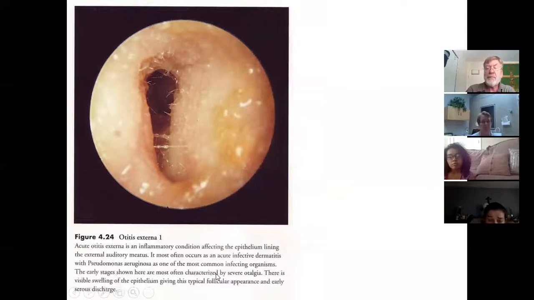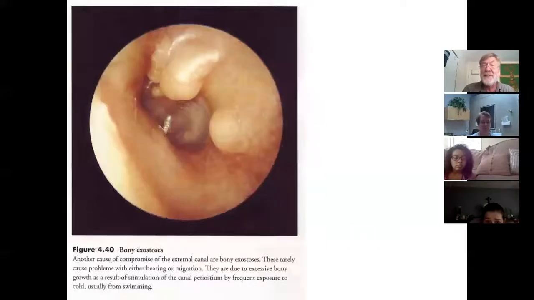It results in severe otalgia. You now know what that word means. Ear pain. Here is bony exostoses, bony tumors growing from the ear canal, causing a stenosis again, a partial plugging. But remember, stenosis won't cause hearing loss. As long as sound can get around it, you're good to go.